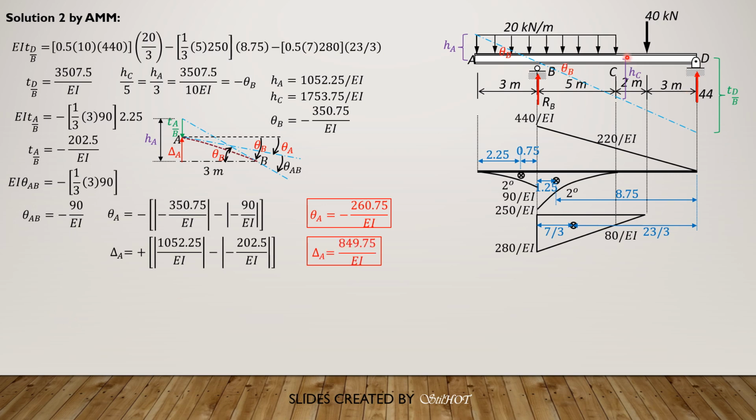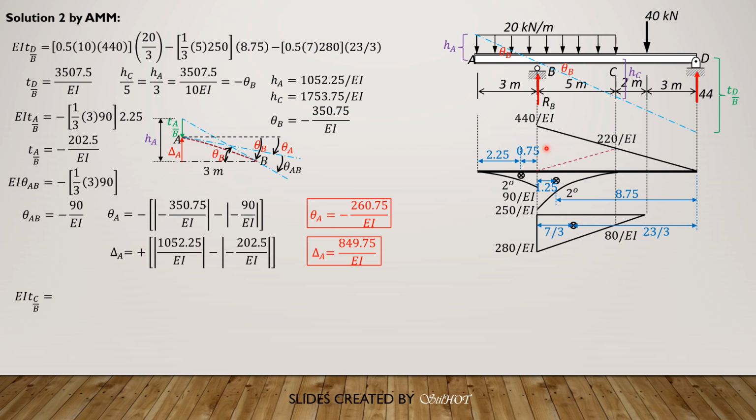So let's compute the deviation of C relative to the tangent at B, and that is, we consider the area between B and C. So let's divide the trapezoid into two triangles, and this trapezoid here into two triangles also.